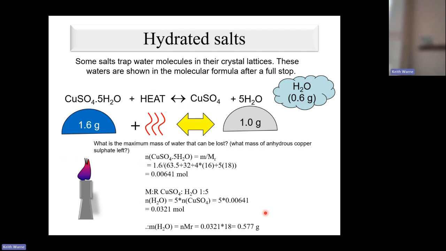Yeah, so the reason you multiply by 5 is every one of these units gives you 5 waters. So it's the ratio of those units to water.